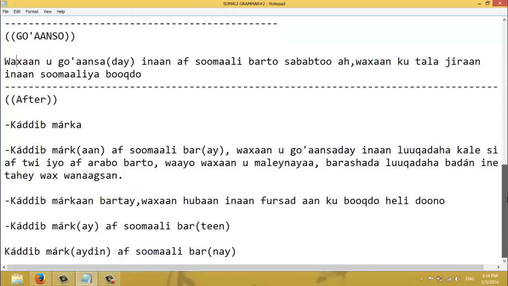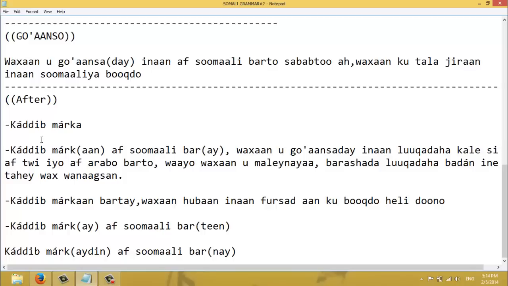Now, let's get to the final part, which is after. This is very interesting, I found. First of all, kadib, kadib maraka. Now, kadib means after by itself. But when you're using this in a sentence, saying after I do this, after someone does something, you have to connect the subject pronoun, right?